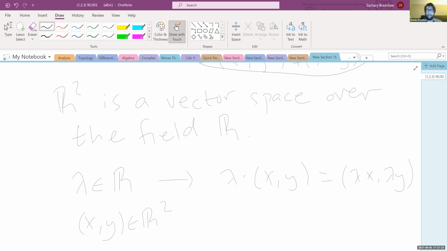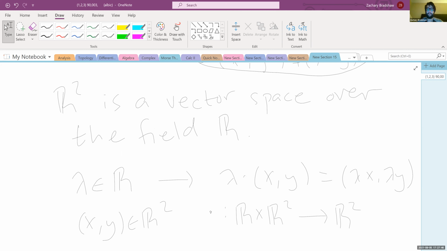So a scalar multiplication is a map, which we usually just call a dot. And what does it do? It takes an element of my field and an element of my vector space and spits out another element of the vector space.